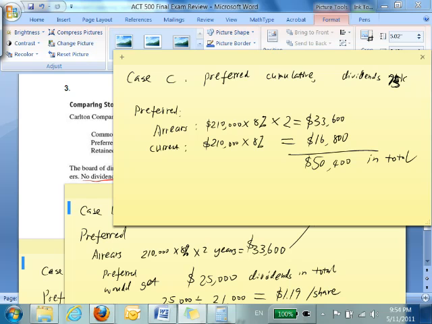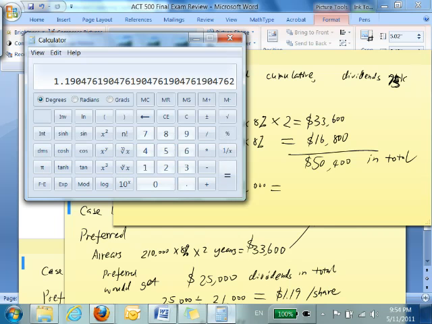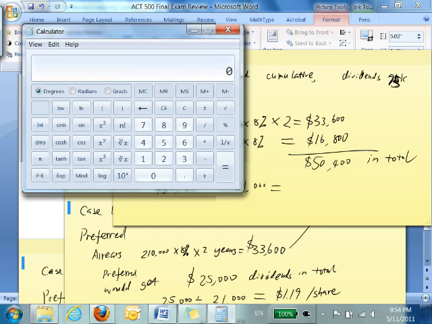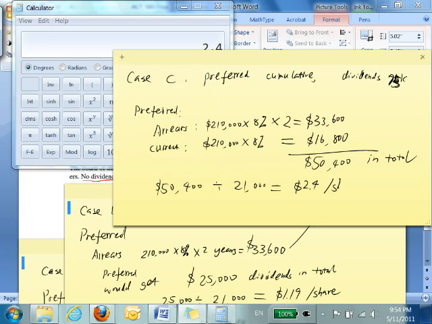And per share is 50,400 divided by 21,000 shares, which is $2.40 per share for preferred stock.